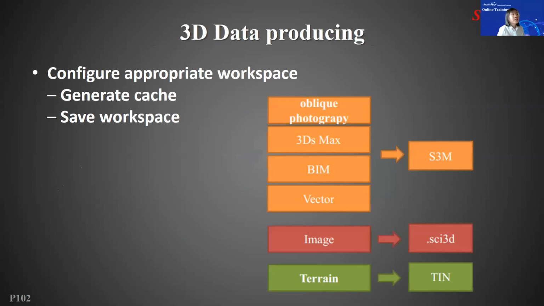For the 3D data producing, first we have to configure the 3D workspace and generate the cache file, because only the web application can parse the cache data. So we will produce the S3M data for the 3D models, like BIM model, oblique photogrammetry model, 3ds Max model, and vector data, and also create a cache file for terrain and image data with TIN and ICS3D format.